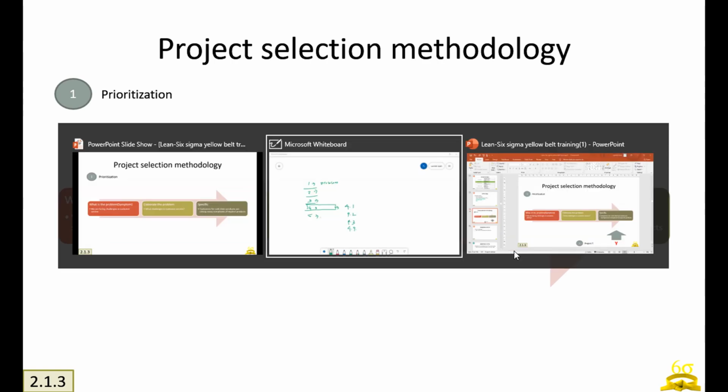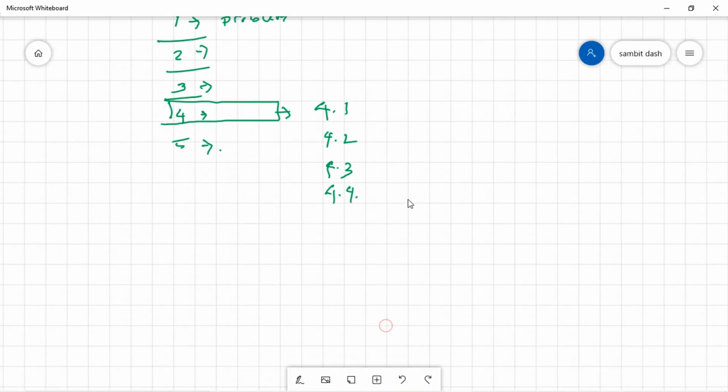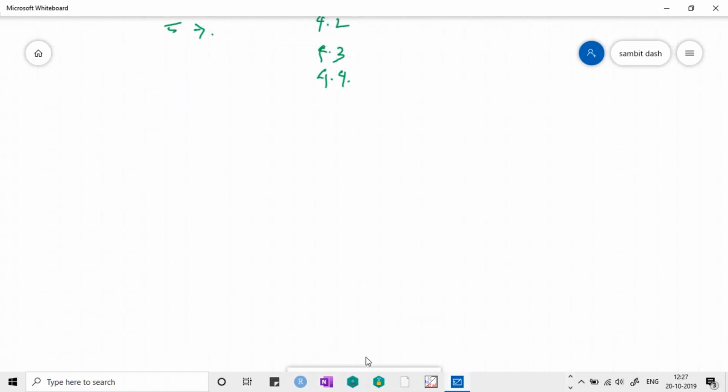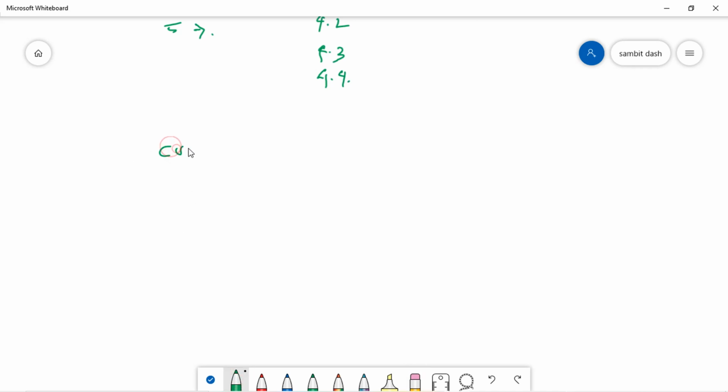So to give you an example, what is the problem first, right? So let me take this example. Suppose you are in a business where you supply multiple products, and within that dairy product is also there, and you have found that of late you are receiving a high number of customer complaints.